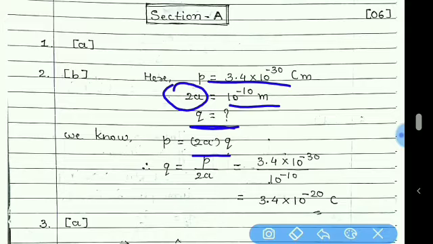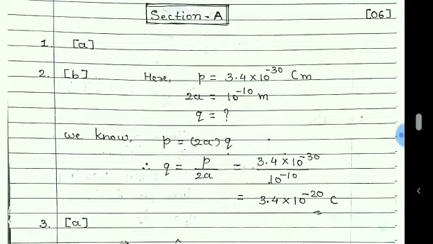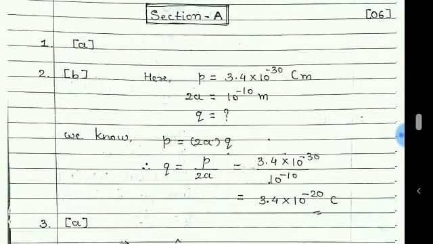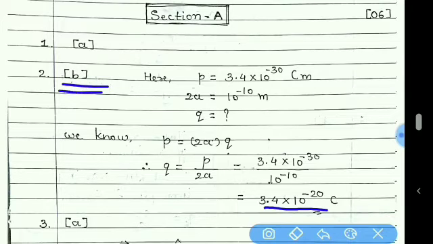So using the simple formula, P is equal to 2A into Q, we can make Q the subject because we want to find this Q. So Q will be equal to P upon 2A. Now simply putting the value of P and the value of the distance, that is 2A, and solving, we get the answer 3.4 into 10 raised to minus 20 coulomb. So option number B is correct.